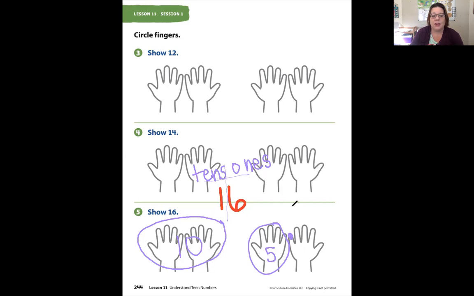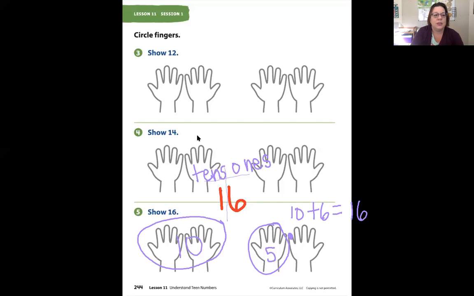So I have 10 plus 6 because this is not a 1. It's one group of 10 plus 6 more equals 16.